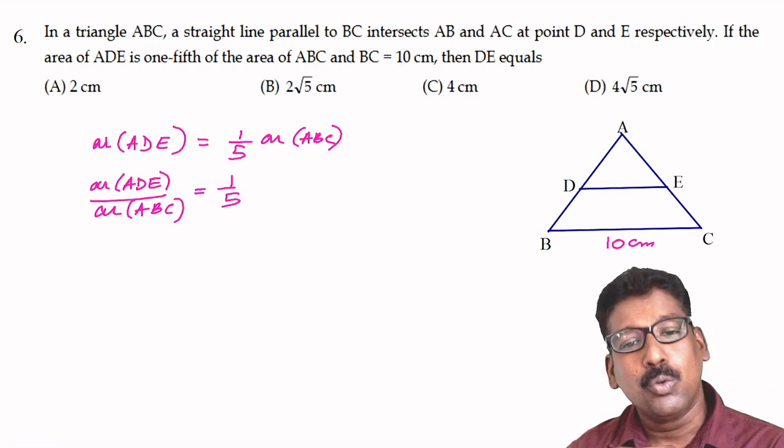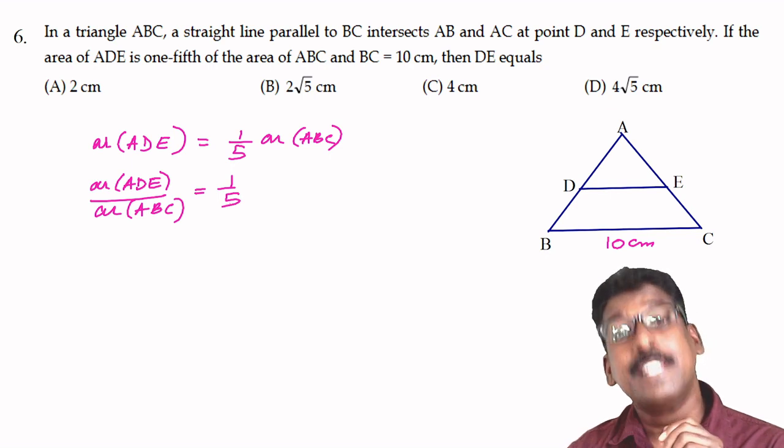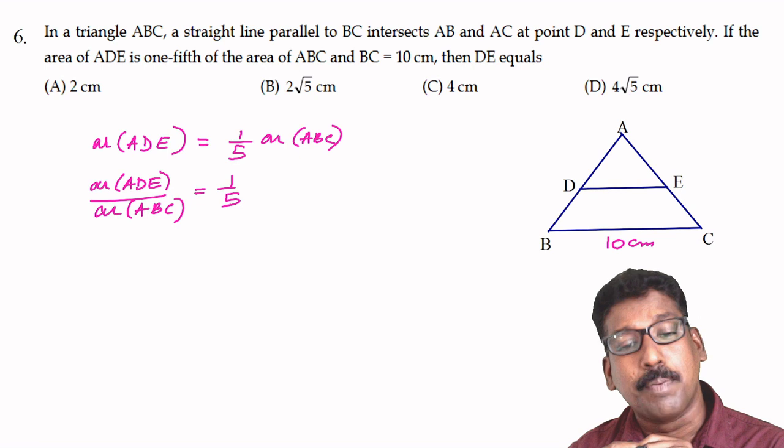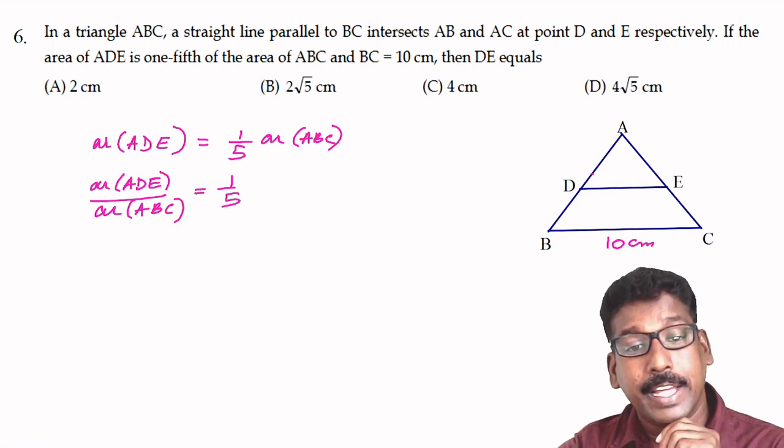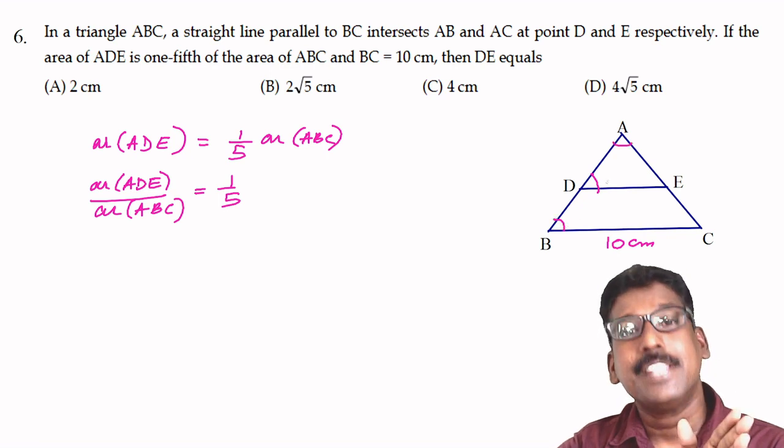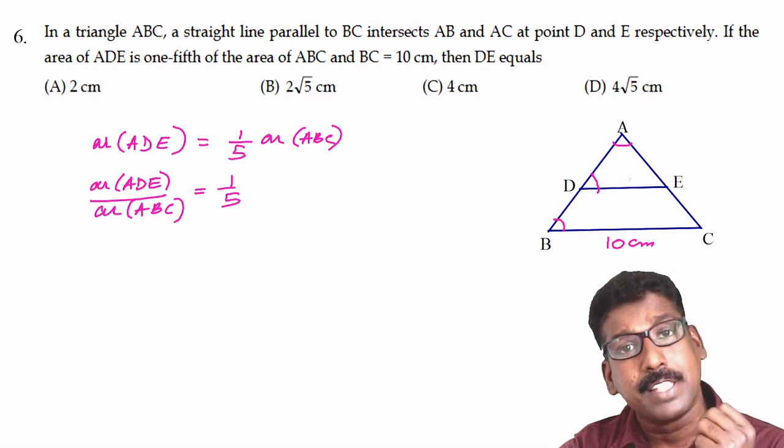Now, can you prove triangle ADE and triangle ABC are similar? Here, it is given that DE is parallel to BC. Of course, if it is parallel, angle ADE is equal to angle ABC, and angle A is common. So, by AA similarity, these two triangles are similar.